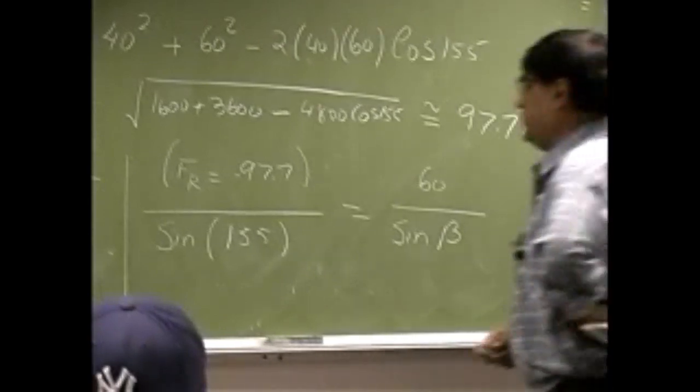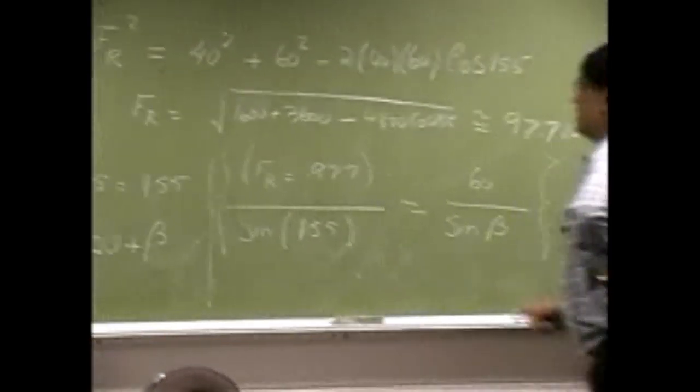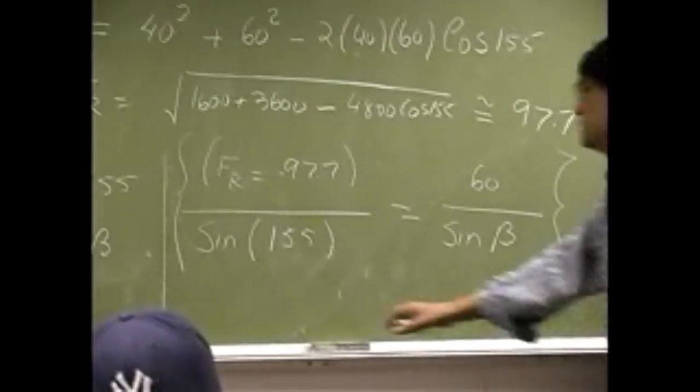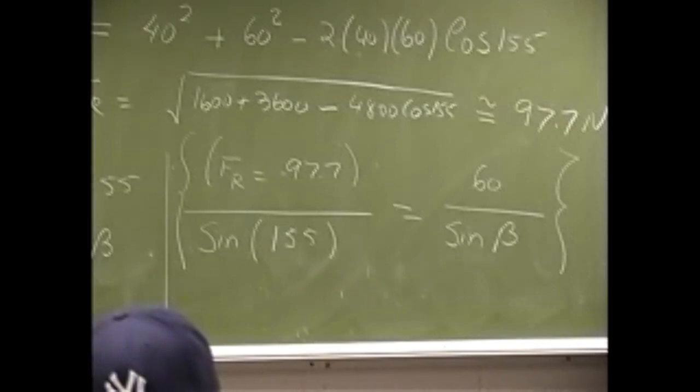So that's the equation. That should give us the angle beta. And once you have that form, then it's easy to find the angle.